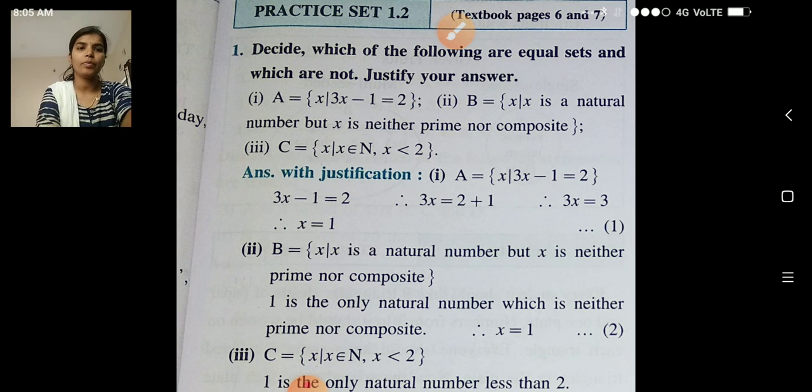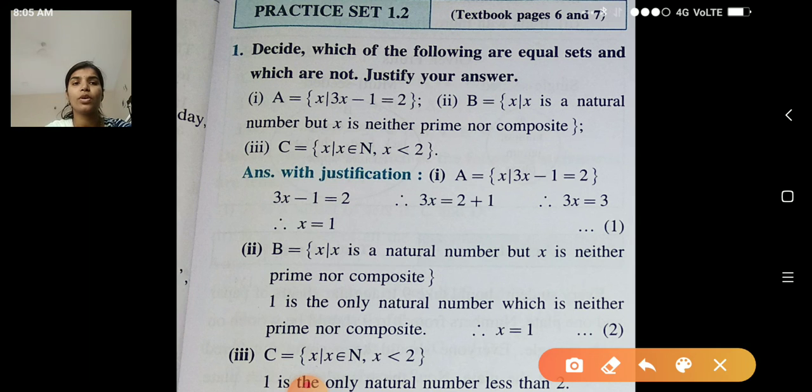And in B, x is a natural number, but x is neither prime nor composite. So 1 is the natural number which is neither prime nor composite. That means here also x is equal to 1. So in set B the element is also 1.